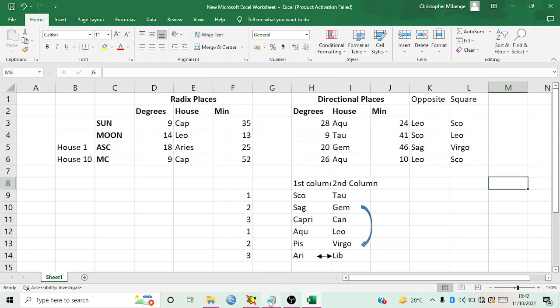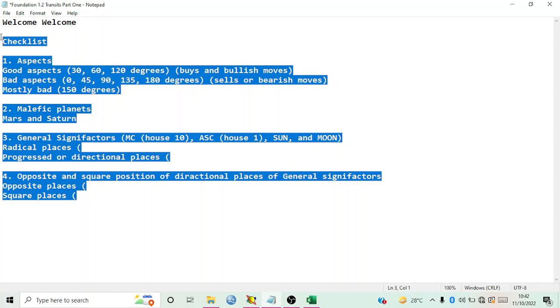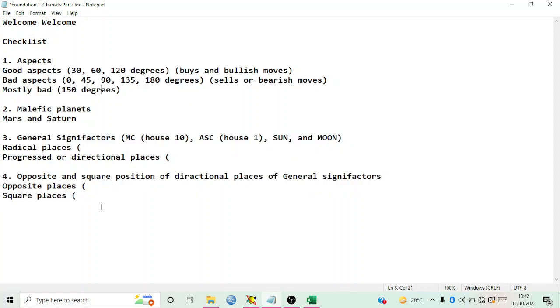So having said that, we have completed our checklist, and please go through what we said, and don't forget that every time you're drawing up the chart, please always re-enter the location after you've already entered the other details, the time and the dates and everything. Always re-enter the location so that your readings are correct.